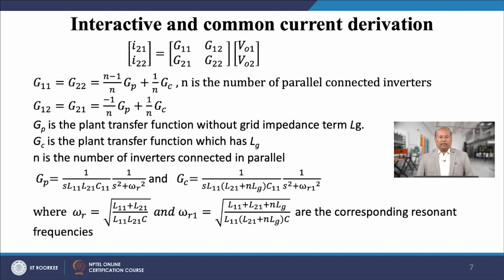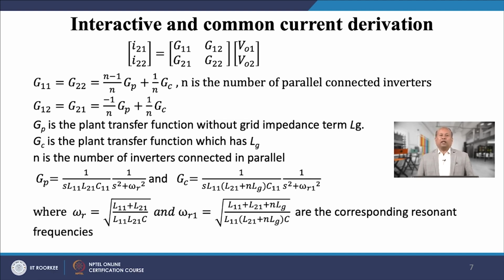This indicates that the current component of I21 due to VO1, represented by G11, and the current component of I22 due to VO2, represented by G22, have identical behavior. That means there is a similarity between the two parallel inverters because the current components have similar features.